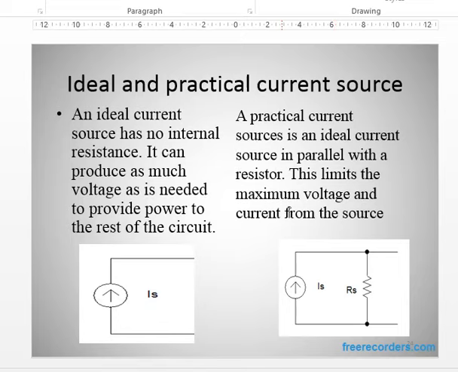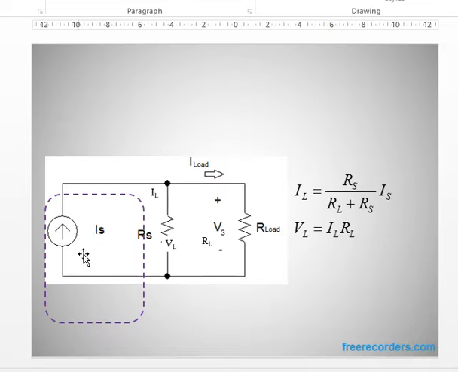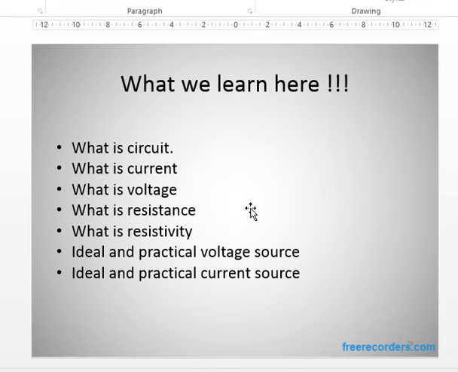Then we can say this practical source becomes an ideal current source. This is a current source with a resistor. We want to measure the current IL in RL. Current IL is equal to IS multiplied by RS divided by RS plus RL. So this is the current division rule, and we learned earlier the voltage division rule.